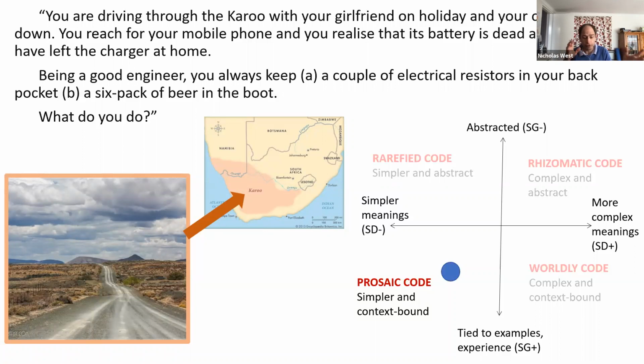This example is located within the prosaic code, where meanings are simpler, with weaker semantic density, and of course tied to examples and experience, a stronger semantic gravity. The example is aimed at offering a very simple and contextual problem situation that students hopefully can relate to. Lee?